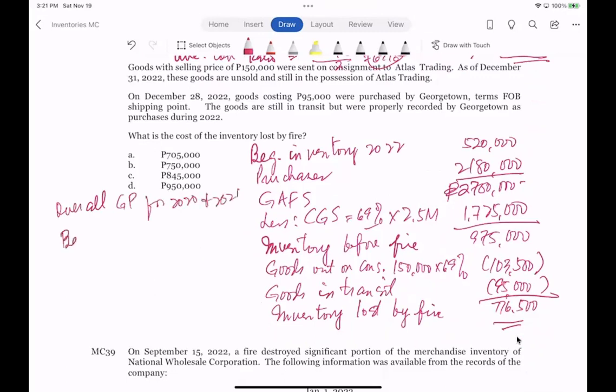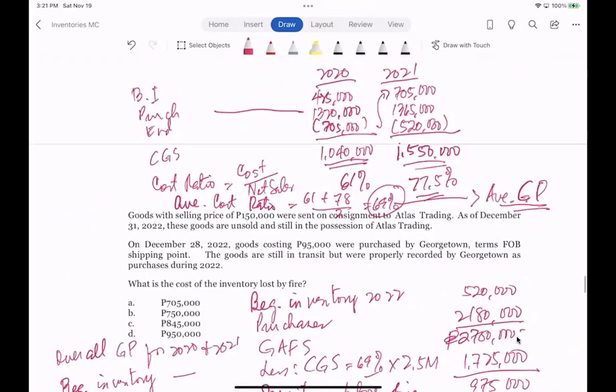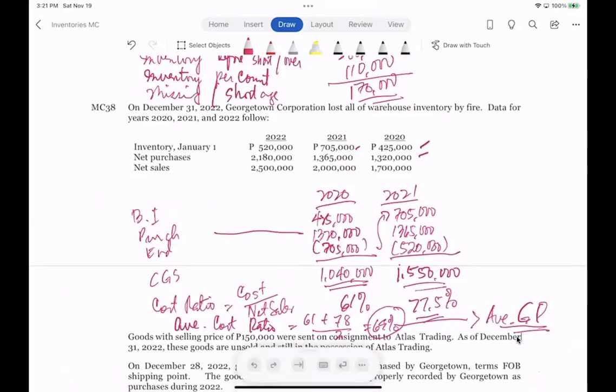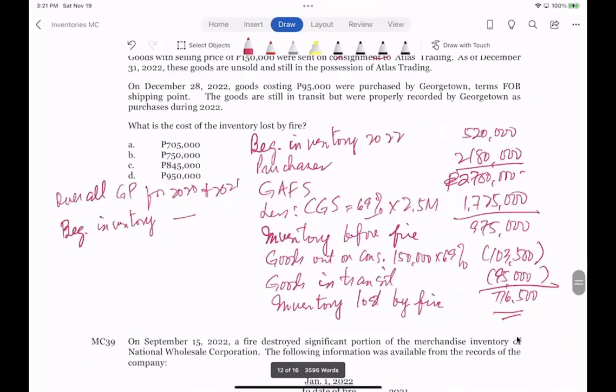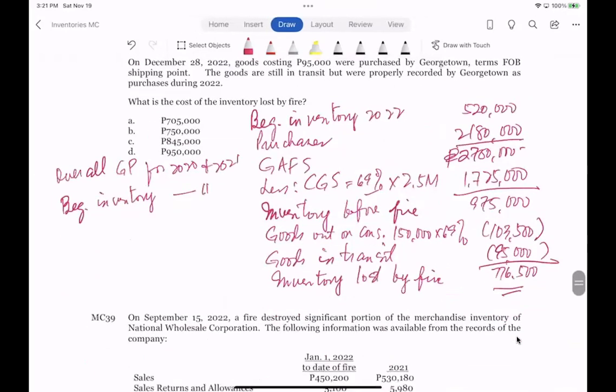Okay, so we have beginning inventory for 2020. So we will take 2020 and 2021 as only one period. Therefore, the beginning inventory is 425,000.